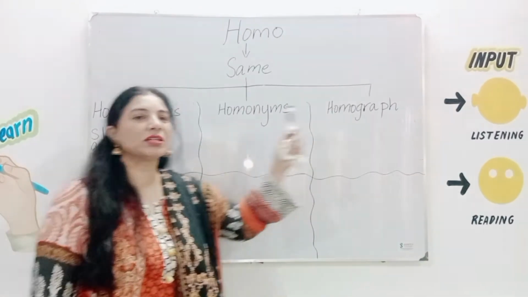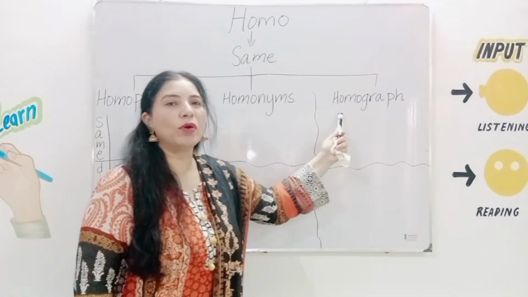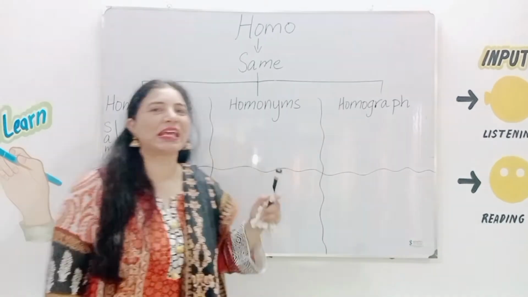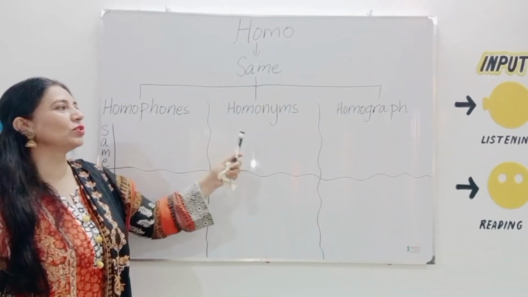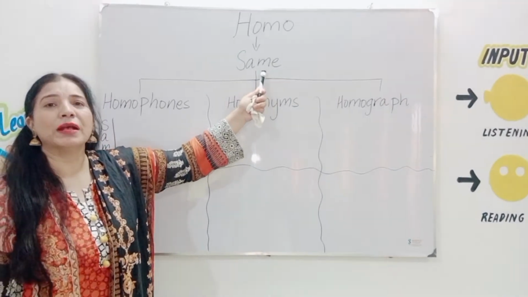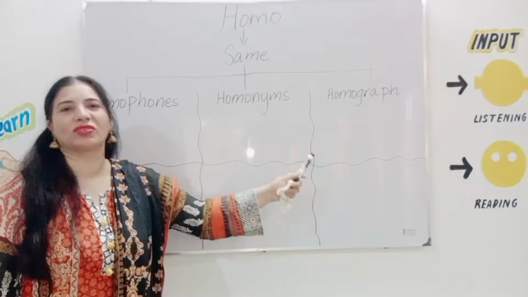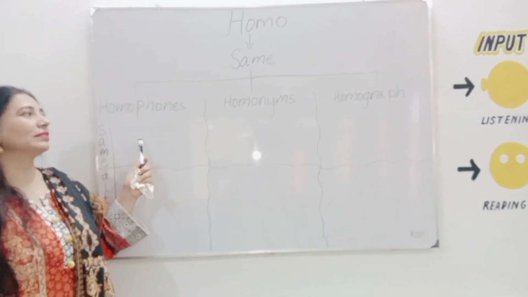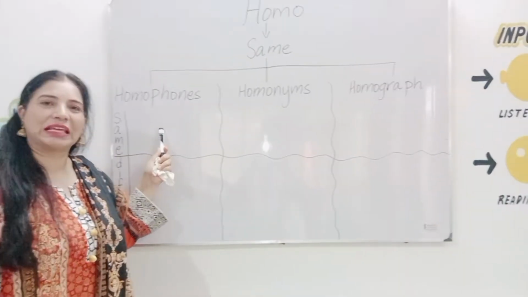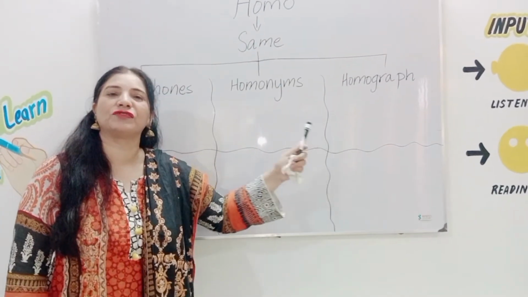I repeat, homophones, homonyms, and homographs. Now, as you can see, the word homo is used in all these 3 terms. That means the same. Now, I am going to explain in these 3 categories what the things are that are the same and how they are then different from each other.